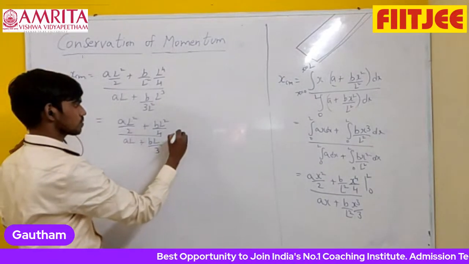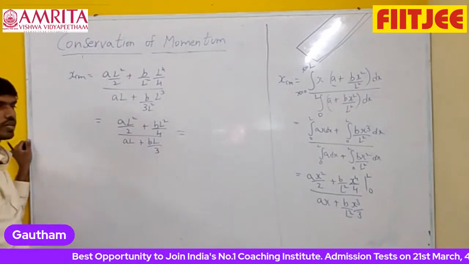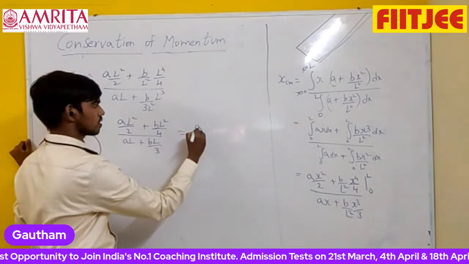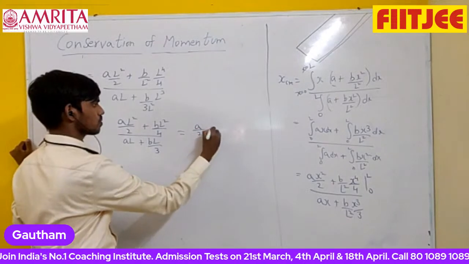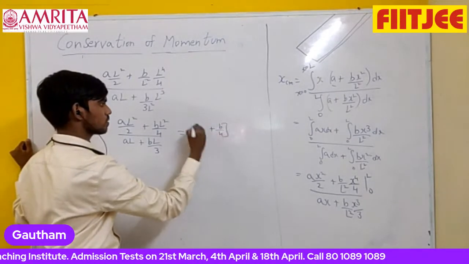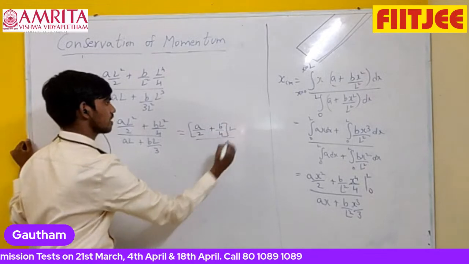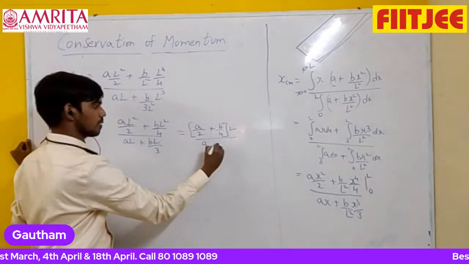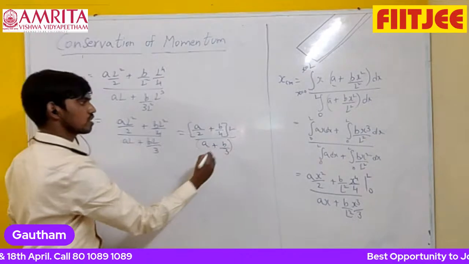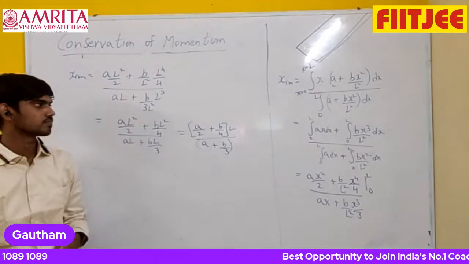So this will be equal to L, taking common and cancelling: A by 2 plus B by 4 into L divided by A plus B by 3 is the final location of the center of mass.